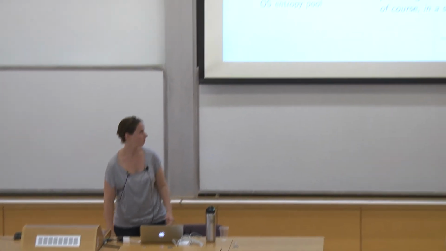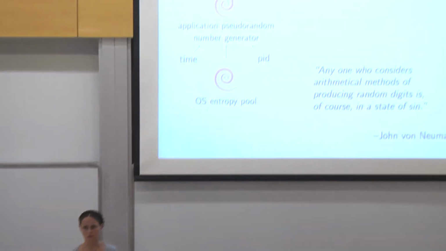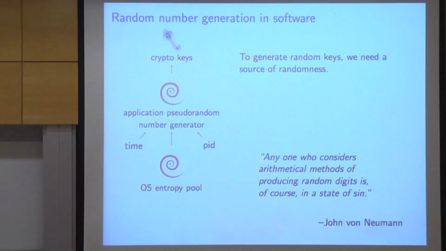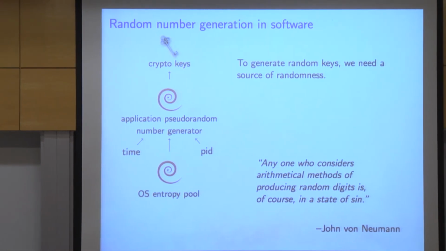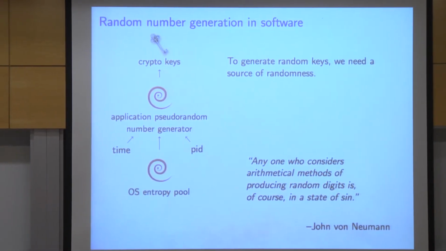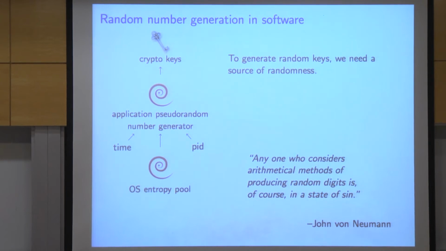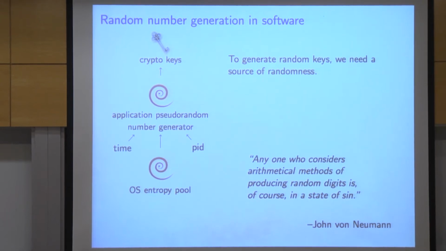But where is the seed coming from for the pseudorandom number generator in the application? Well, it comes from the only place that it can, which is the operating system. Generally, the operating system maintains some entropy pool of randomness, and then it might also query things like the time or the PID in addition. And where is the operating system getting its entropy from?